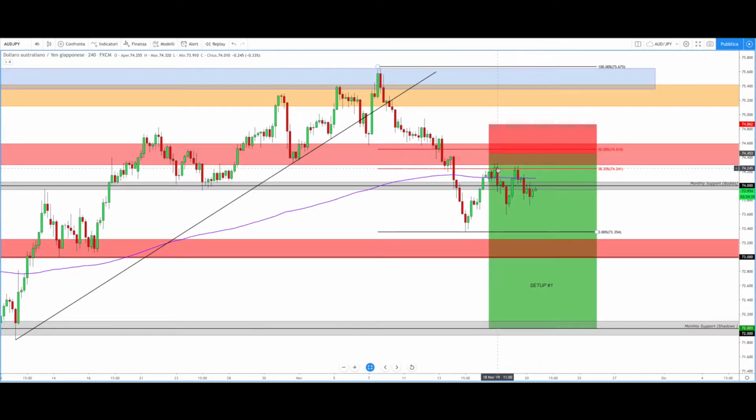The price after this reaction formed this big bearish engulfing candle that for me was a massive bearish signal.